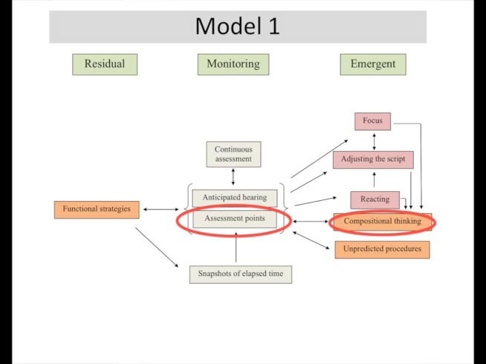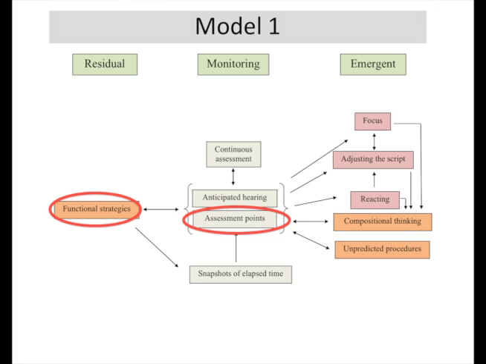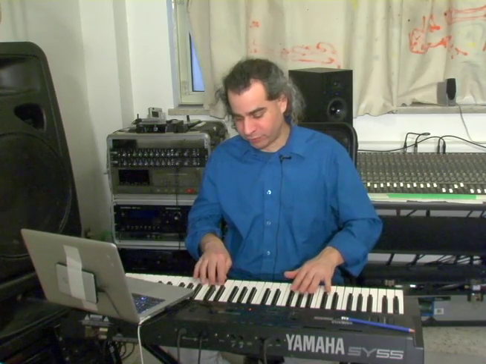My assessment point is determining, okay, here we go with compositional thinking, major and minor seconds, what can we do with this? And my functional strategy says, okay, let's play some blocks with major seconds on both hands, separated by whatever interval.